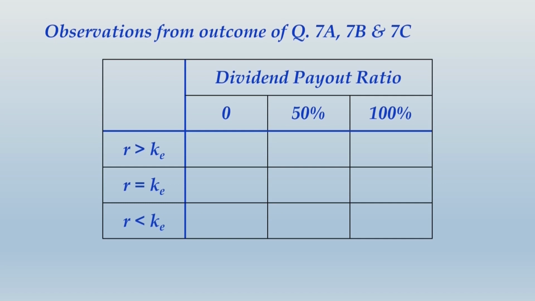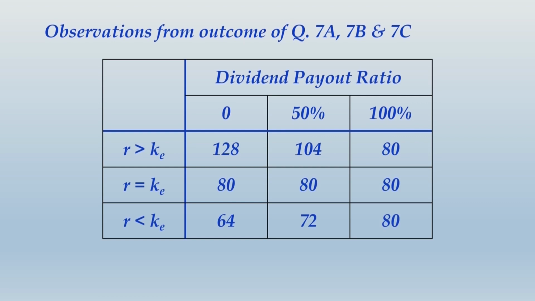When we put up the values in the table, we get 128, 104 and 80. In the next line we get 80, 80 and 80, and then 64, 72 and 80.